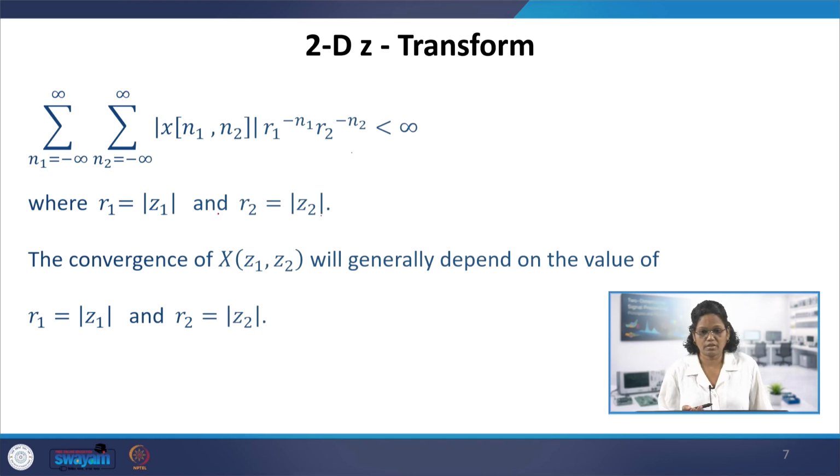So the range of r for which this is possible is what defines the ROC, the region of convergence. We'll see the region of convergence here with r1 and r2.